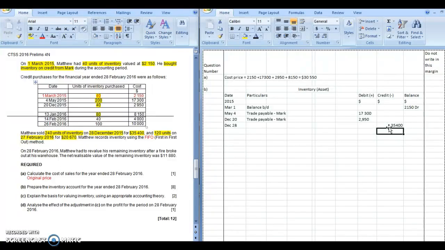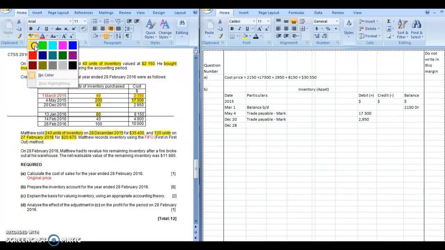Now this is where students will go wrong because they just immediately say, take this amount and put it here. Take note, this is the selling price. It is always higher than the original price. So we can't take this one because the inventory account will only take the original price of the inventory. So you have to decide the total property units that you sold away is actually these two amounts, the 2,150 and also 17,300.